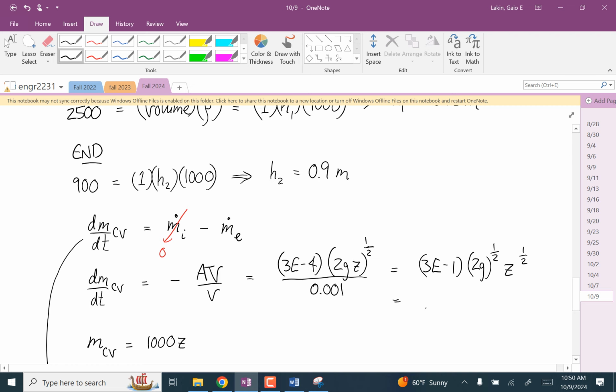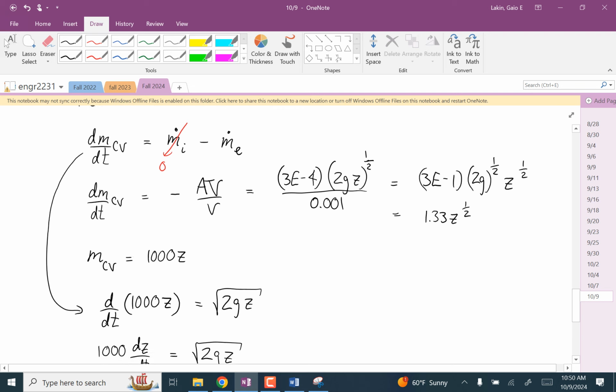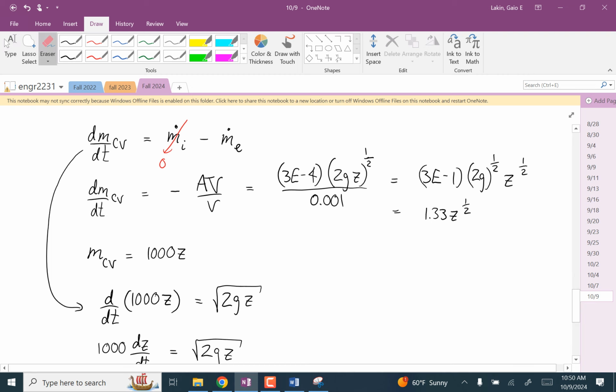So that's about 1.33 z to the 1/2. And I lost a minus 2, it looks like.